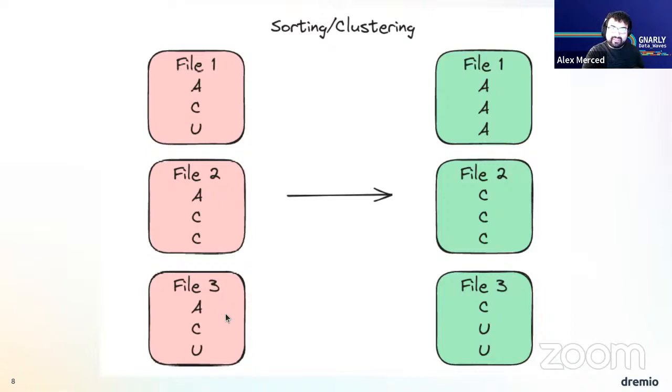So that means when we're doing the query planning, we're going to have to include all 3 of these files in the query plan. So it's going to scan all 3 files just to get that one record it needs in each file. So that's 3 open operations, 3 read operations, 3 close operations. But if we sort or cluster the data, so that data with similar values are generally in the same files based on our query patterns.